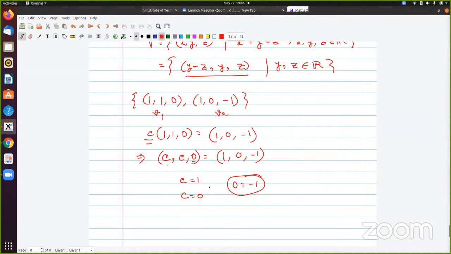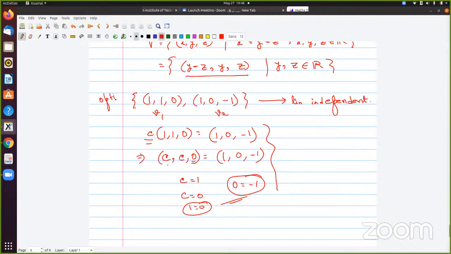So from here I am getting 1 equal to 0 and 0 equal to minus 1. All these are absurd, so there cannot exist such a C. So this is not linearly dependent. That means this is linearly independent. Is it clear to everyone?